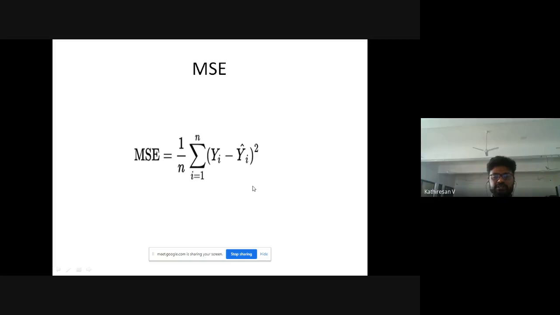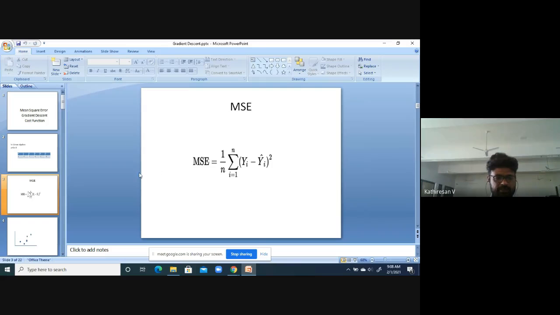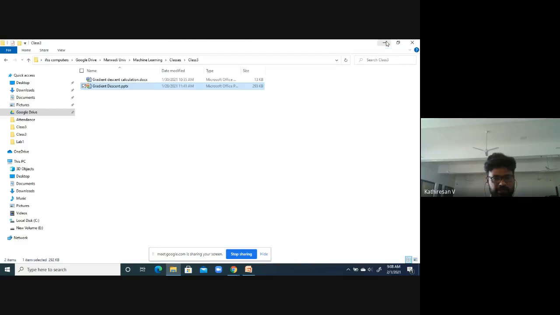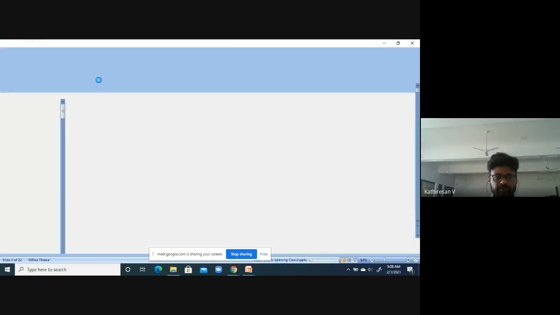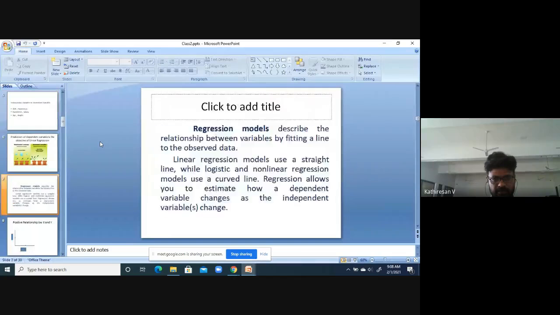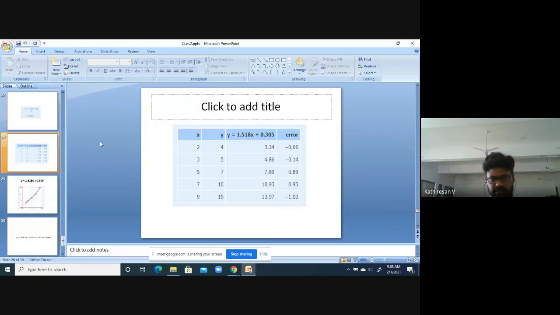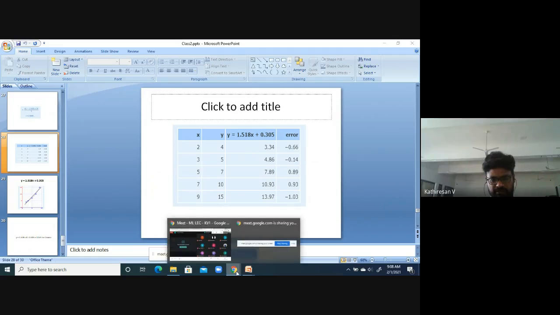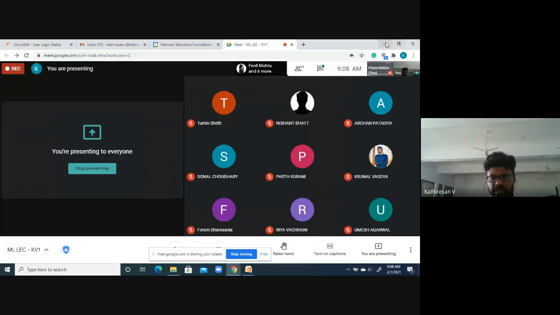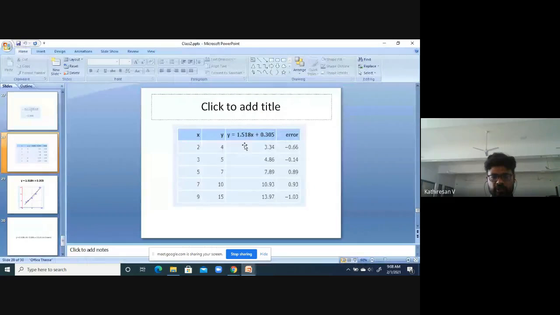What is the actual value and what is the predicted value, we saw completely in the previous class. Based on this x and y training data, we found y equal to mx plus c. We found the slope and intercept, and based on them we found all these values.